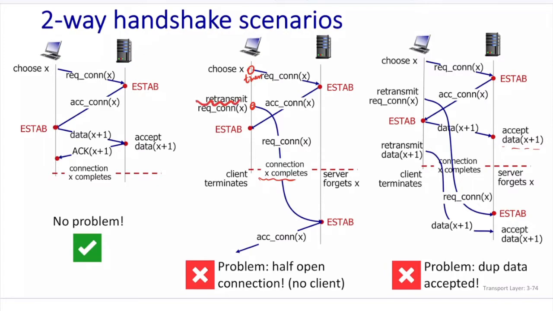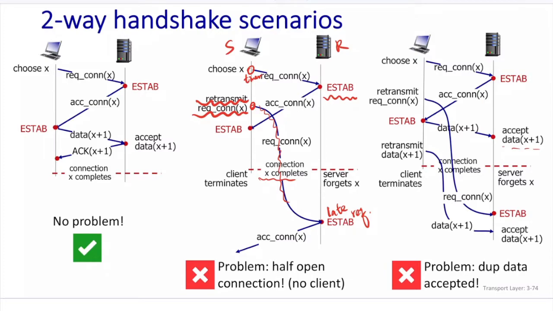If there is a retransmit request, and that is a very, very late request, the receiver at the right-hand side basically already agreed to your connection, but we don't know why the sender just doesn't send any data.